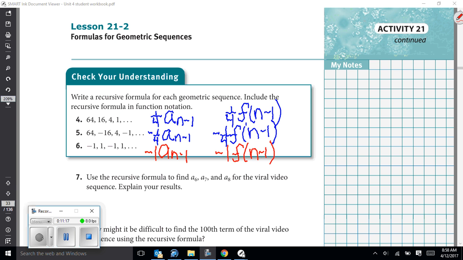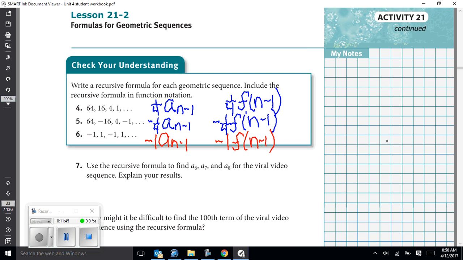So that's just saying you take whatever your previous term was and multiply it by a negative. You're not changing the value, you're changing the sign of it. All right. So questions there?